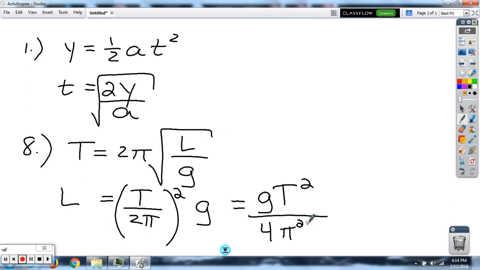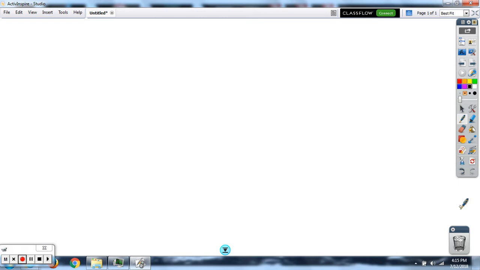Okay, let's try number 10. Now the physics behind 10 has to do with the focal length for various optical systems.